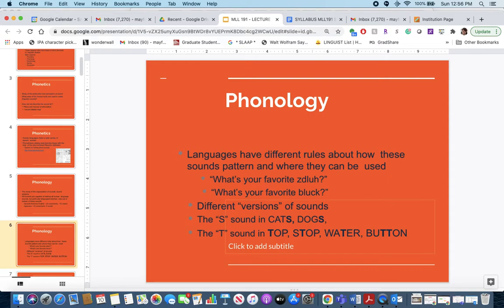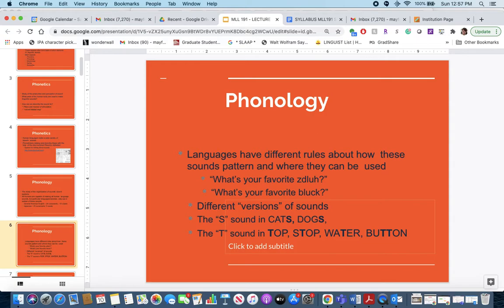So phonology also deals with different versions of sounds. So, for example, the S sound in cats is very different from the S sound in dogs, right? Cats, dogs. So we would say that cats has more of a typical S sound, whereas dogs has more of a Z sound. You'll notice in a lot of different words, people on the internet spell them with a Z, and that's because it's voiced.